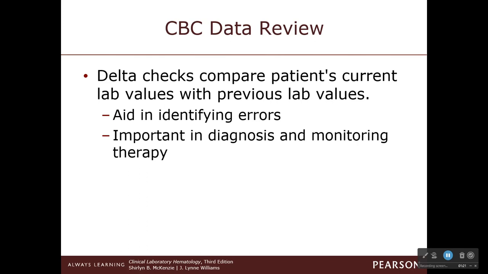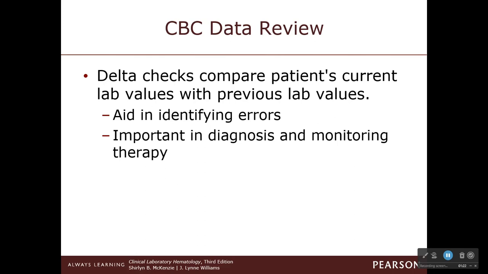Delta checks. Delta checks are a check system for us in the lab. Let's say that Kara is working in hematology. She gets a patient who comes in through the ER. Their CBC hemoglobin was 8.